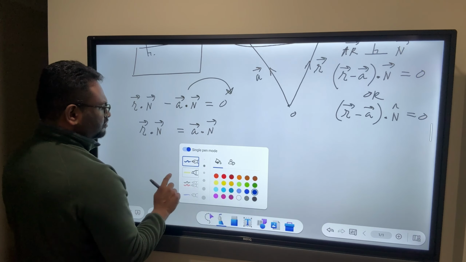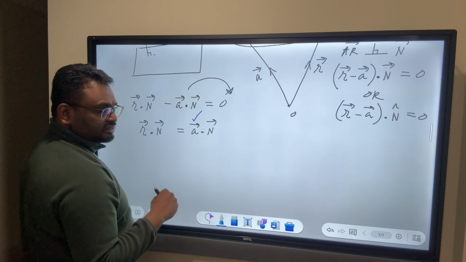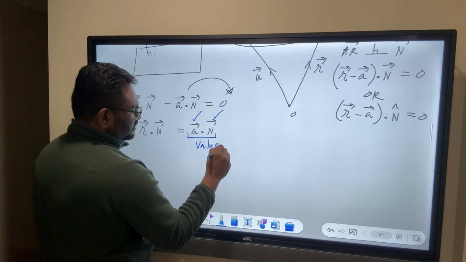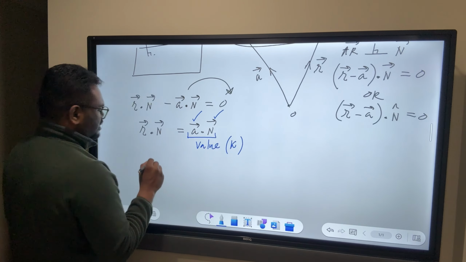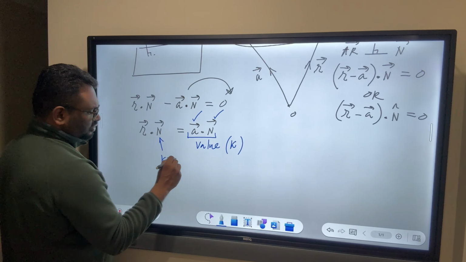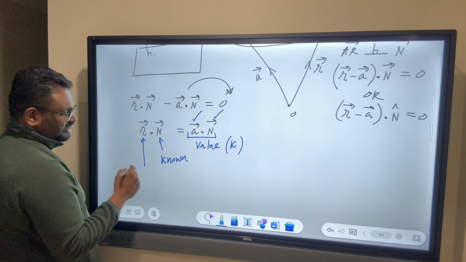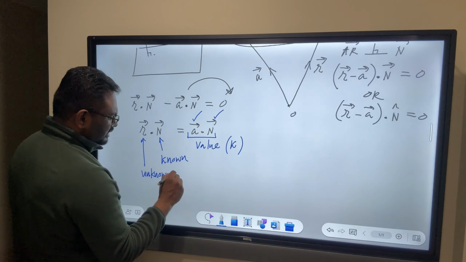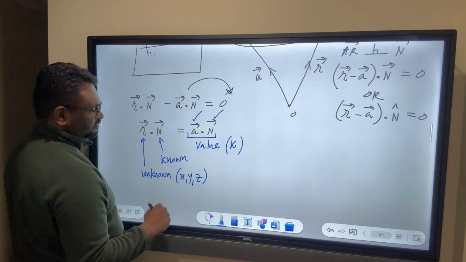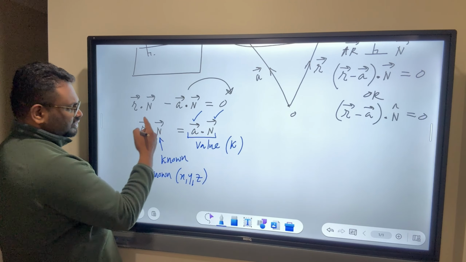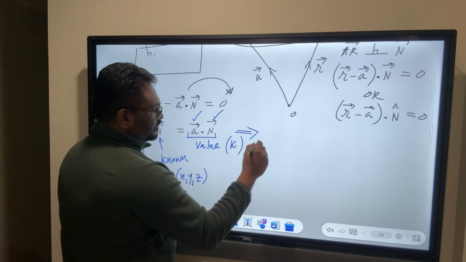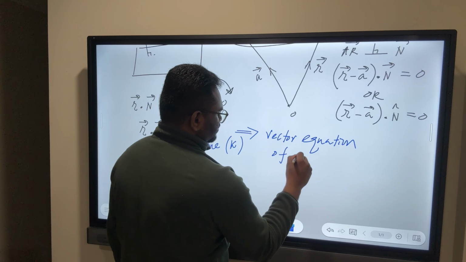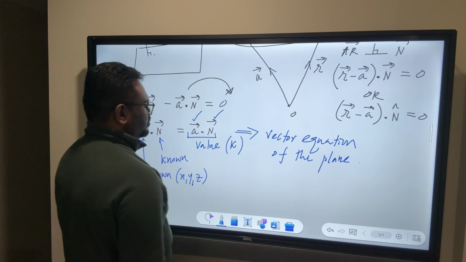Now you will see N is a known vector, so A dot N is a value. Suppose this is K. However, this R vector is unknown, but we know that it is on the plane, so this coordinate can be x, y, z on the plane, right? Now this equation we call the vector equation of the plane.